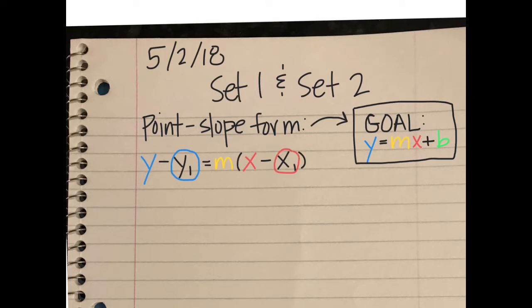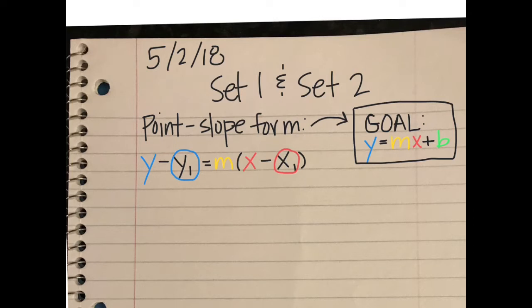Okay. And the y1 and the x1, remember this is pronounced y sub 1 because the 1 is down below, like a submarine goes down below the water. This is x sub 1. These two circled items get replaced with the values that you get from an xy coordinate.